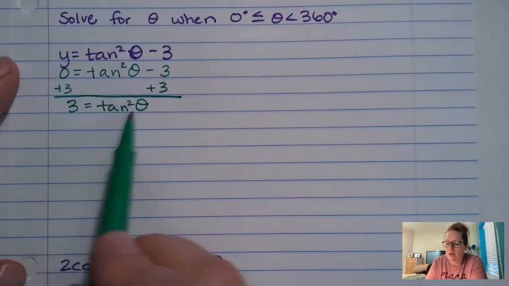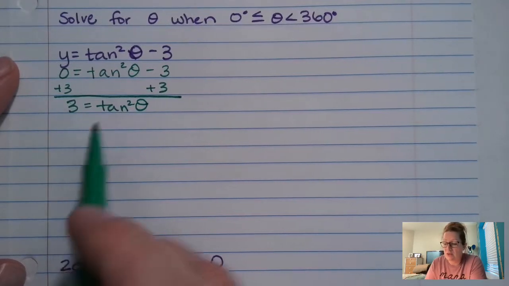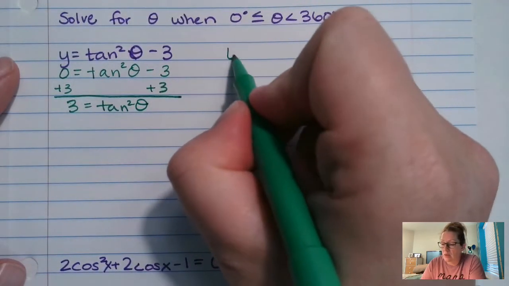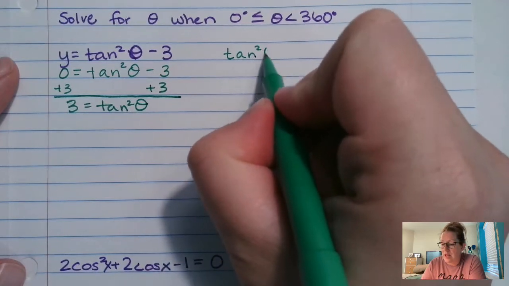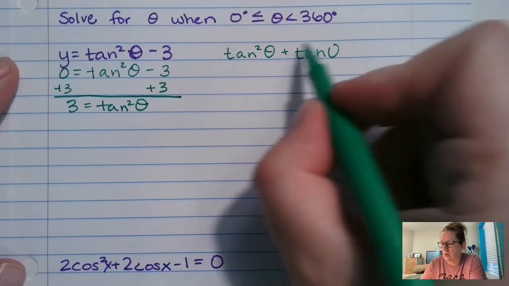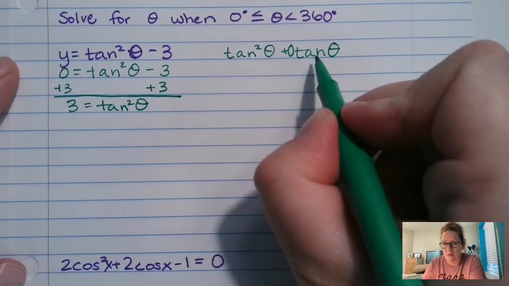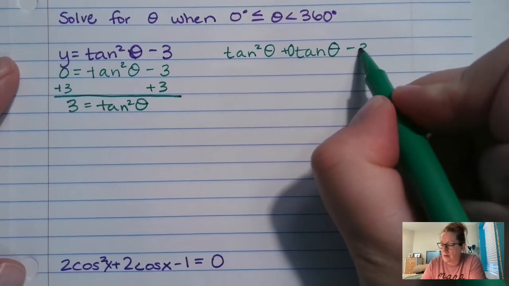So I moved it over here and I kind of got myself stuck, which happens a lot when we're solving these things, which is totally fine. So we're going to go back to our original. And then I'm also going to put in a non-squared, except it's going to be 0, non-squared thetas because there are none of those, okay? Minus 3.